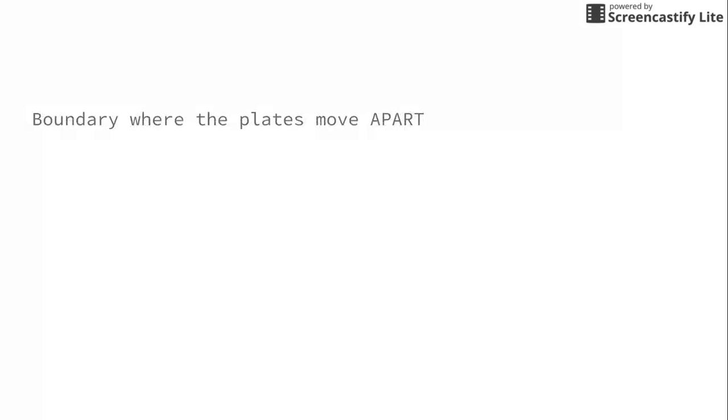Convection currents. What is a boundary where the two plates move apart from each other? A divergent boundary. The boundary where the plates slip past each other. A transform boundary. Boundary where subduction occurs.